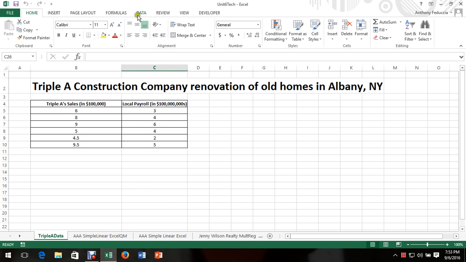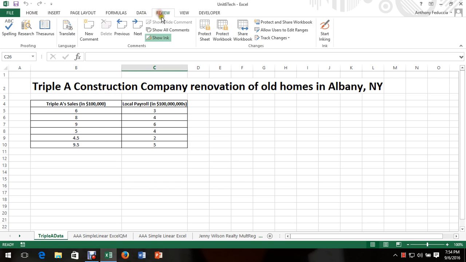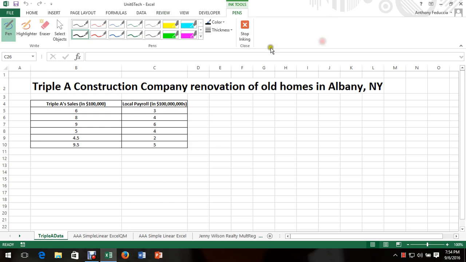And so, what we would like to know is, is there a relationship between the two? And they gave us looks like 6 years' worth of data here.